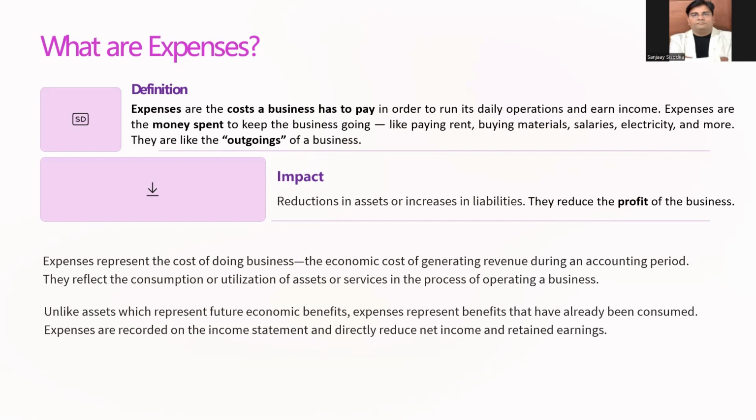Third, it reduces the profit of the business. Fourth, and very important, the amount that the business needs to pay against expenses is paid for the benefits which the business has already received, already used or has already consumed.